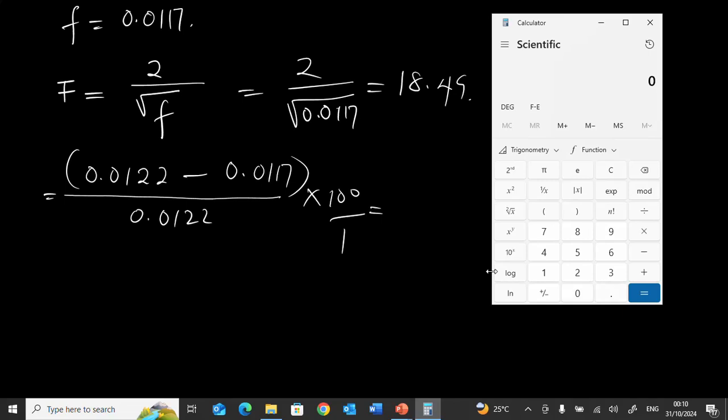So we have 0.0122 minus 0.0117. This gives us this. So divide by 0.0122 times 100.